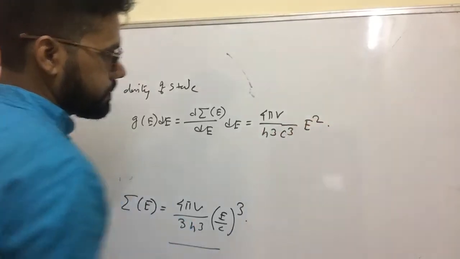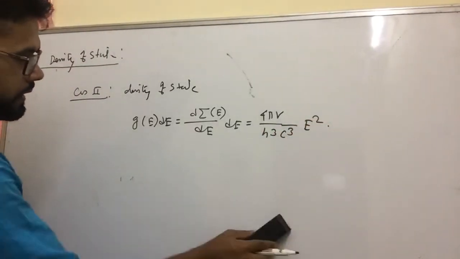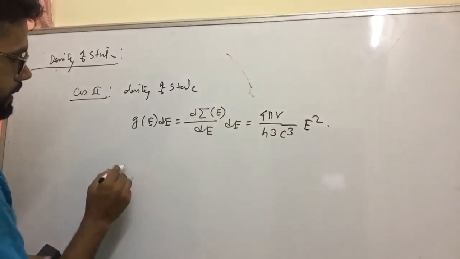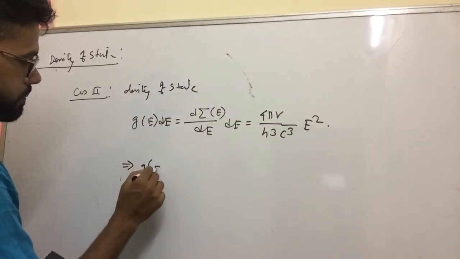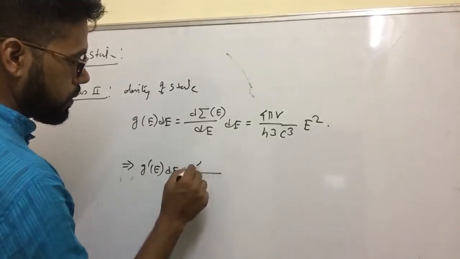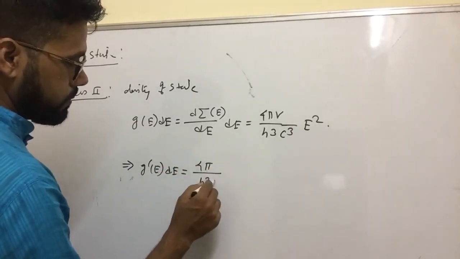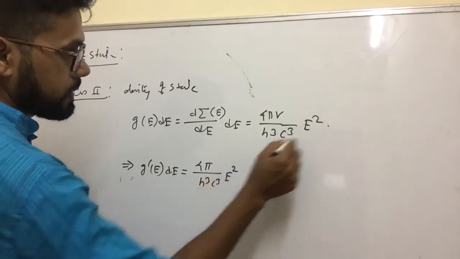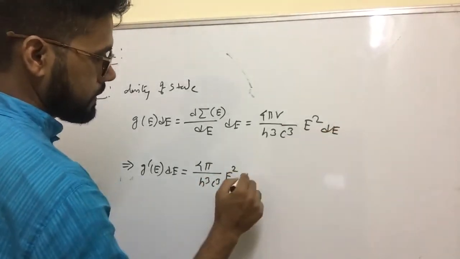Is it okay? Similarly to the previous calculation, if I divide by V, then g prime E dE equals 4 pi by h cube c cube E square dE.